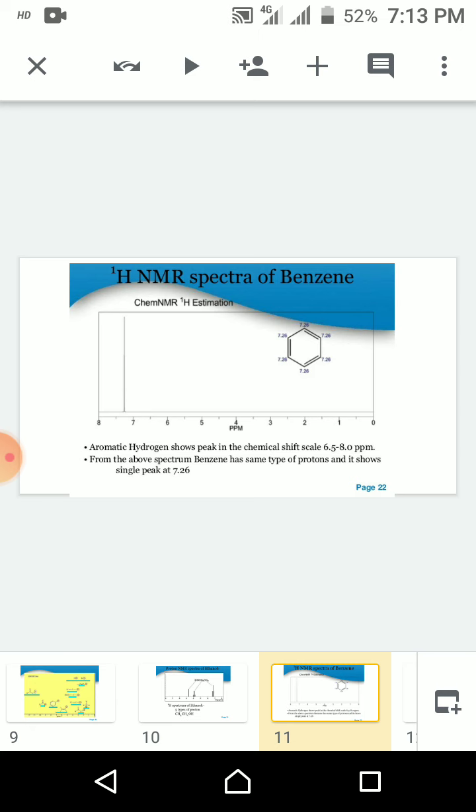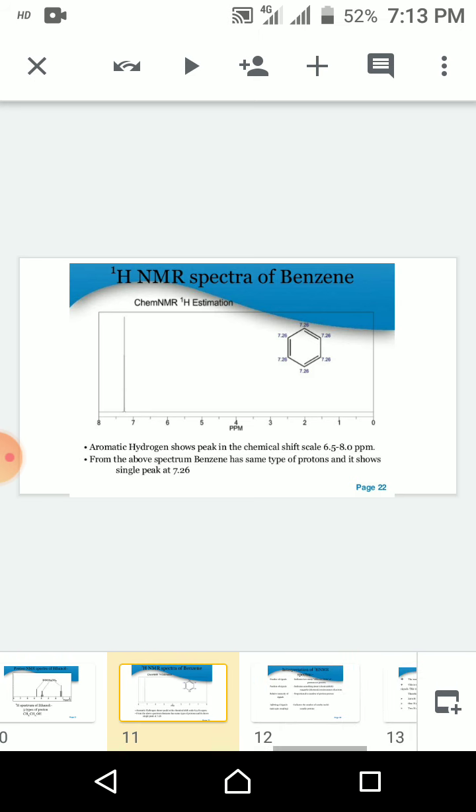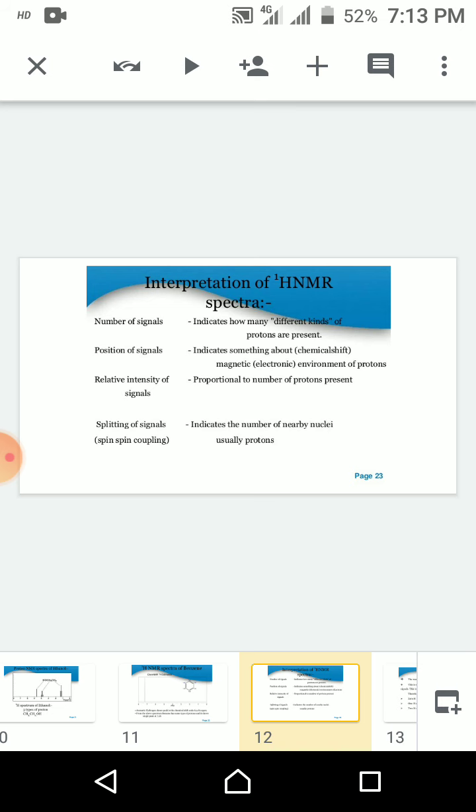Okay. Next, we have discussed the interpretation of the proton NMR spectra. The number of signals indicates how many different kinds of protons are present. The position of signals indicates something about the chemical shift, magnetic field, and the environment of protons.